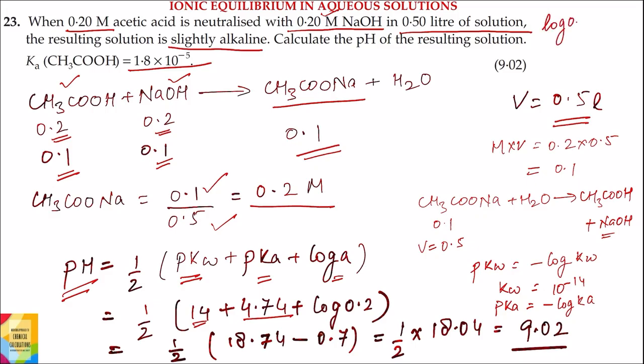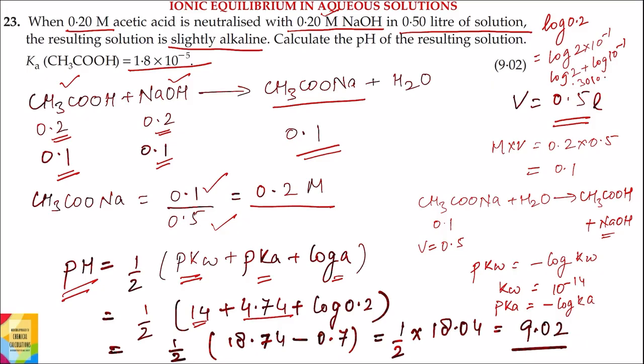Log 0.2 can be written as log 2 into 10 to the power minus 1. So, this can be written as log 2 plus log 10 to the power minus 1. Log 2 is 0.3010 and log 10 to the power minus 1 is minus 1.